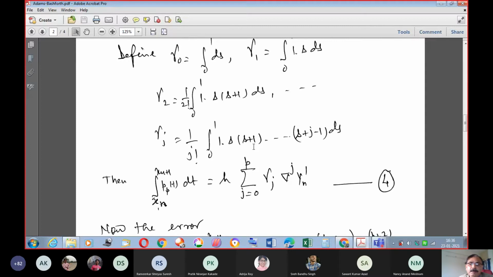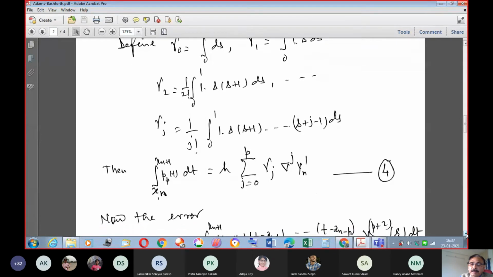And keep this in mind what we have taken as hs, or rather s. So the integral from xn to xn plus 1 of ppt dt equals h into summation j equal to 0 to p gamma j delta j, the jth power of our backward operator, and then yn prime.